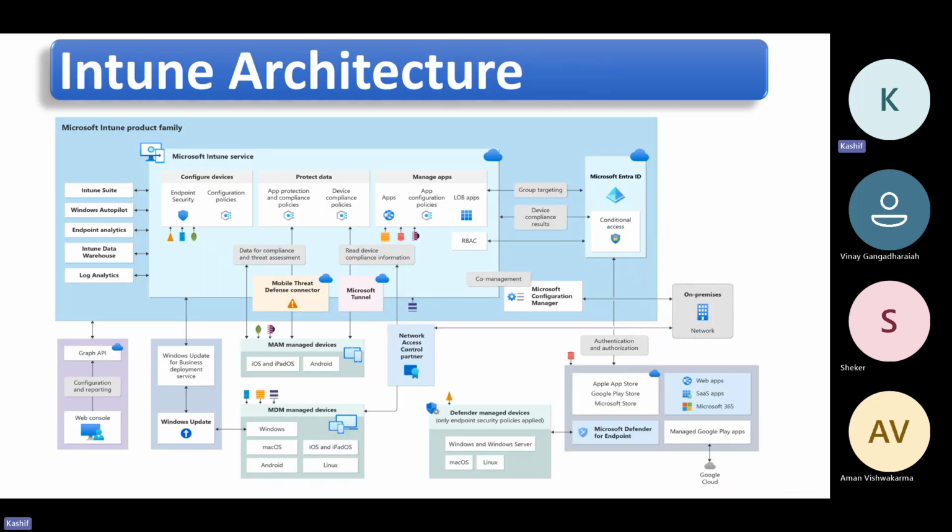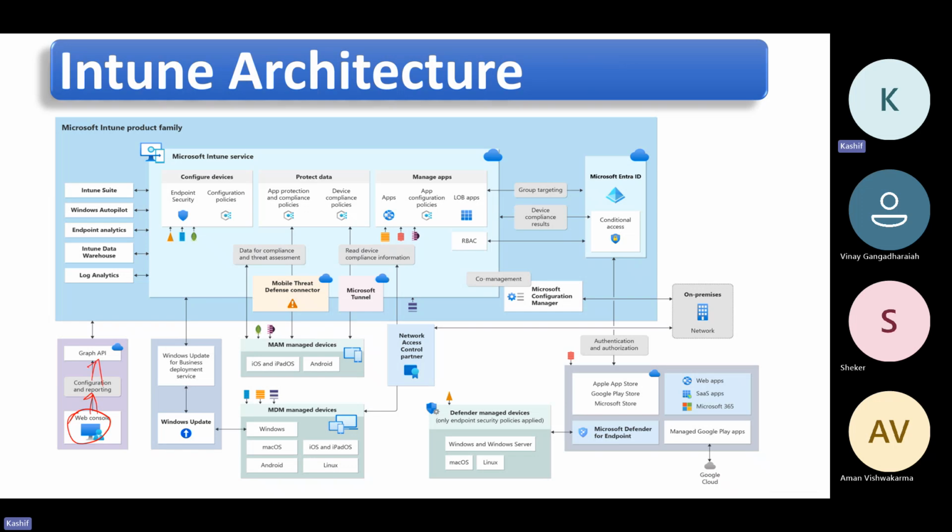Now, when you go next, you see the actual high level diagram of Intune. Intune is designed by Microsoft like this. So when you create your Intune subscription, you get a web console. From that web console, you do configuration and reporting.